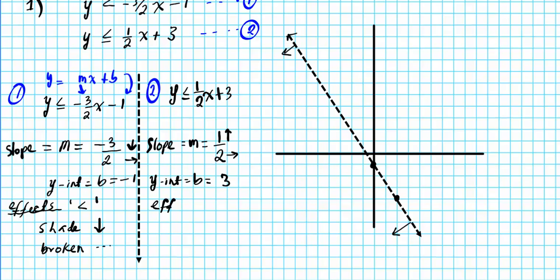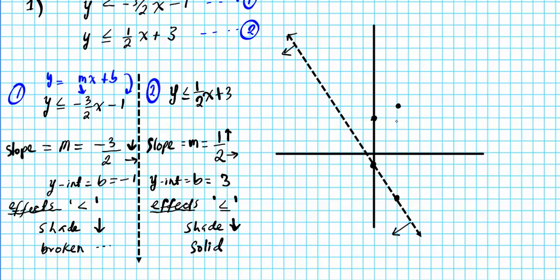Now for your effects, how does that less than or equal to affect the line that you're graphing? Since it's less than, we're going to be shading down just like the previous one. But since we have that inclusion line there, it's going to be a solid line. All right, so let's go ahead and graph the y-intercept 1, 2, 3. And then we're going to rise 1 and run 1, 2.